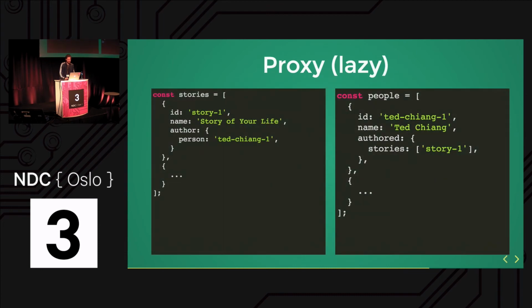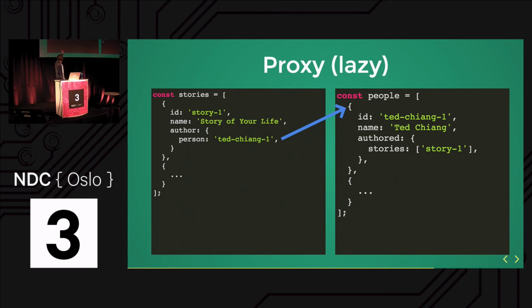And the reason for this is that imagine that we have these two collections here. So stories and people here represent the graph. So the graph is just two collections that are in some ways linked to each other. So if we try to access the first story here, and we want to access the person, because we want to go into the author of the story, and we want to see what is the first story this person has authored. Whenever we try to access the person here, instead of eagerly populating and making an insanely large object, with proxies we could just implement this as a jump.